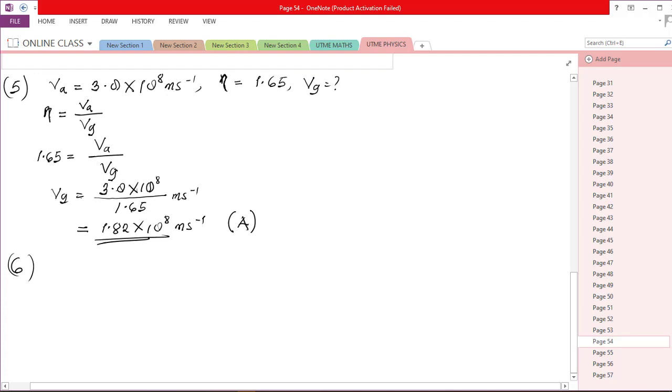So I will write it here that longitudinal waves do not exhibit polarization.